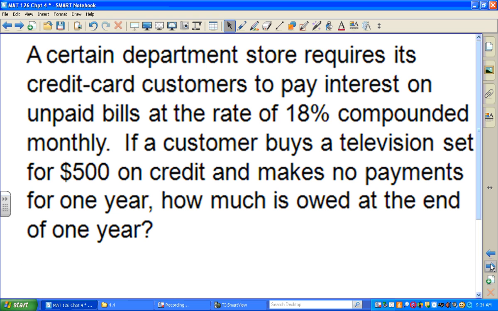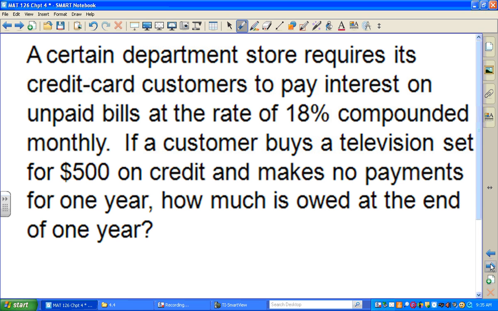Moving on. A certain department store requires its credit card customers to pay interest on unpaid bills at the rate of 18%, compounded monthly. People are so excited to get their first credit card. I was excited. I got mine when I was 30.